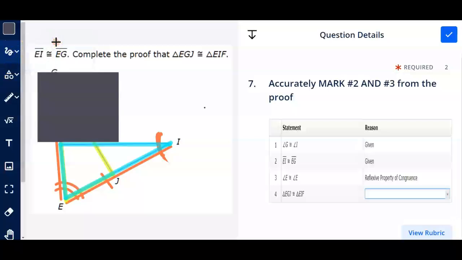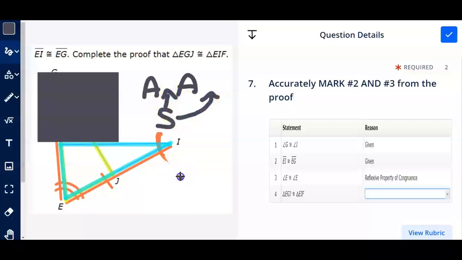How many pairs of angles do I know? 2 pairs of angles. How many pairs of sides do I know? 1 side. Is the side an included side or an excluded side?